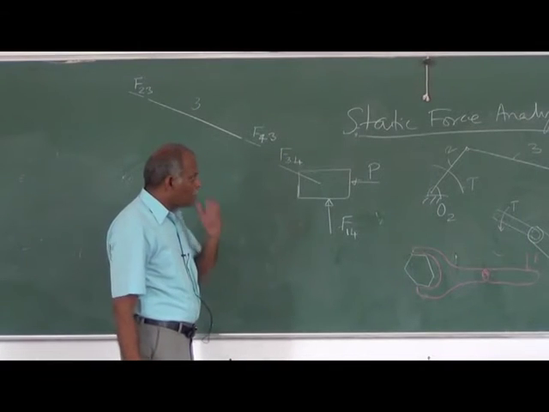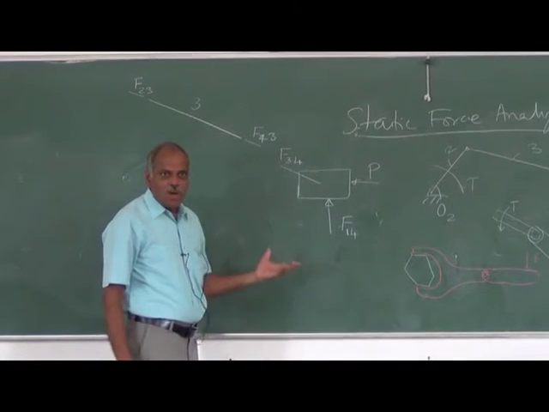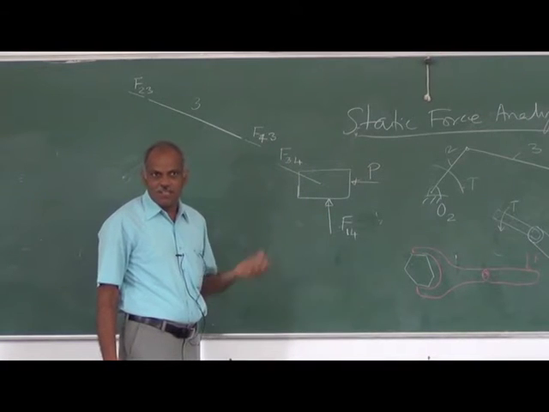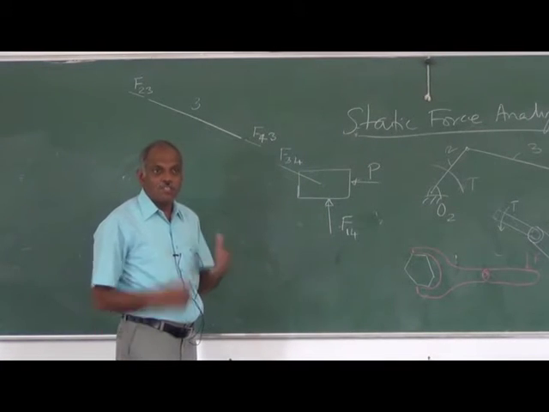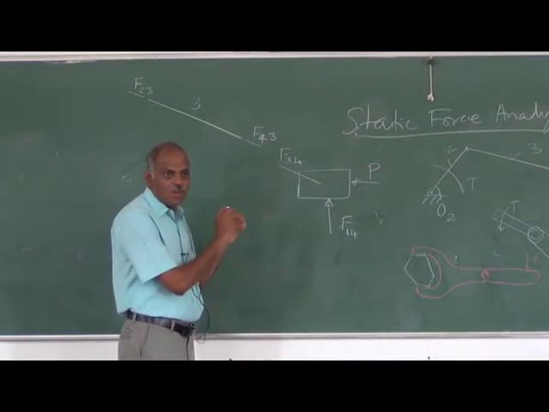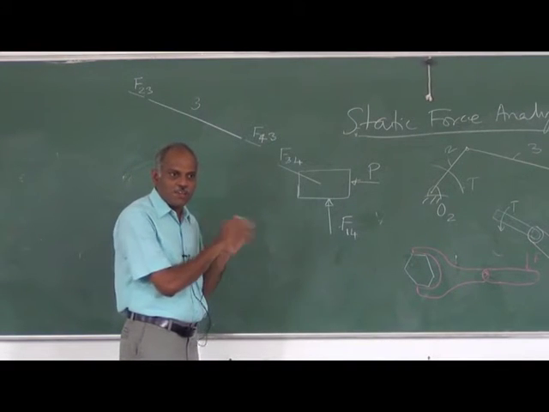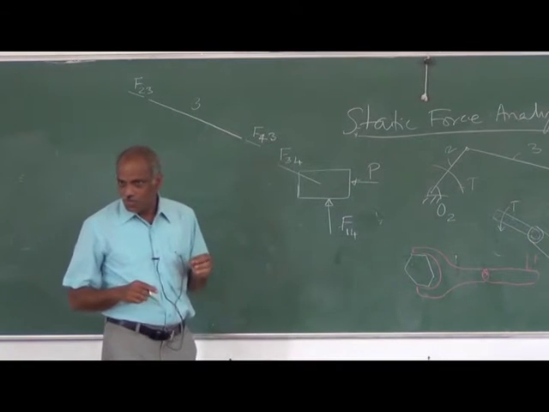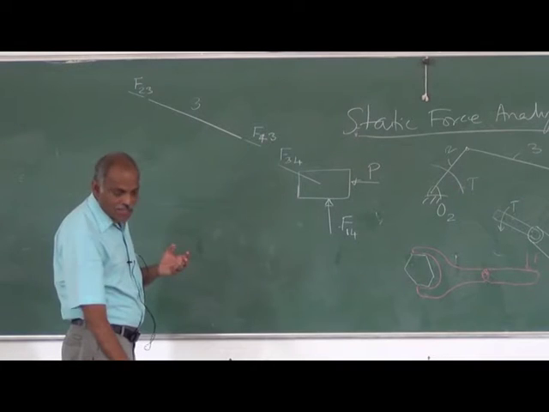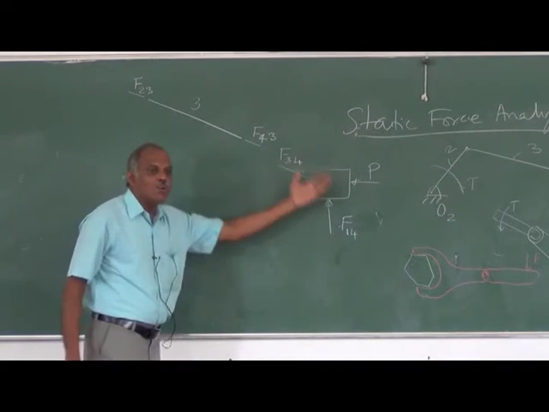Right? So when you are trying to solve a problem in statics, you first have to have an idea whether this is solvable. If it is unsolvable, if you keep breaking your head, there is no use. So you have to see that it is solvable. You have to first calculate the number of unknowns.